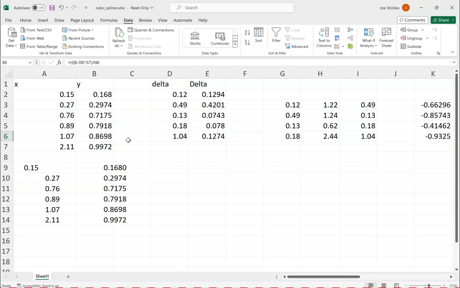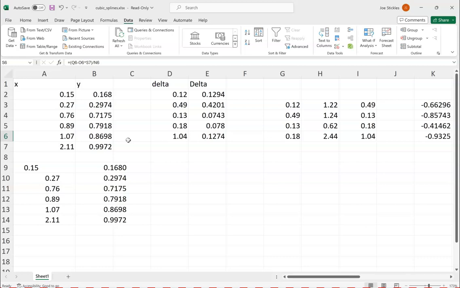For example, let's go back to that very first problem we did in class, where we said show that it really is a natural cubic spline. If we put in the endpoints that cubic spline goes through, it should give us the same polynomials back out again.